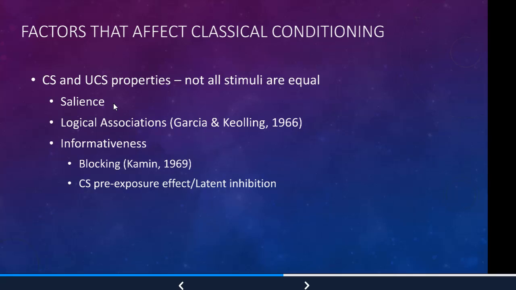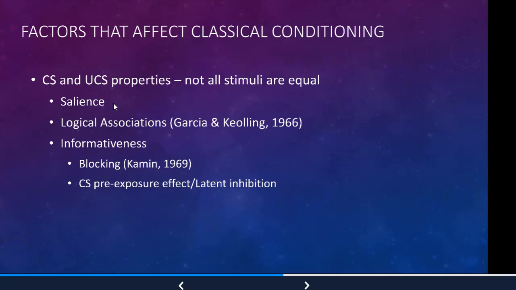If you had a really weak light, animals might not notice it. People might not notice it. And if it goes unnoticed, then it's going to be harder to form an association. Similarly, with an unconditioned stimulus, if you had a really, really weak unconditioned stimulus, say like a really weak shock where the animal barely felt it, then it's probably not going to elicit a very strong response, and learning will be difficult to obtain.